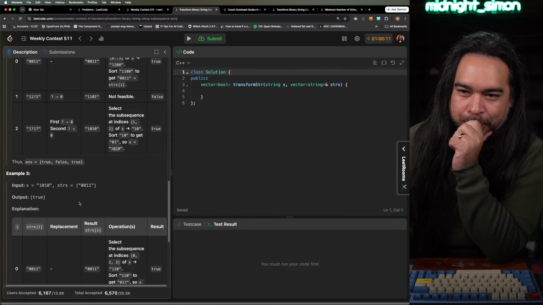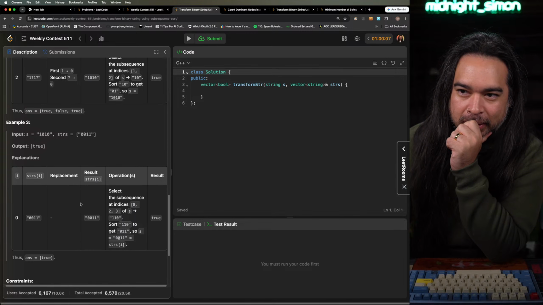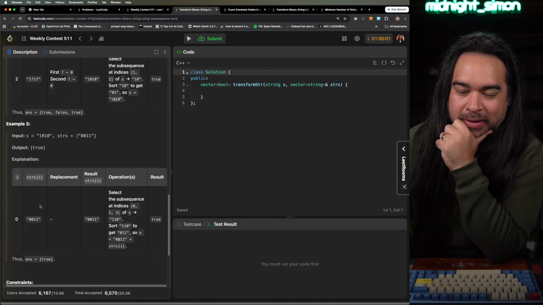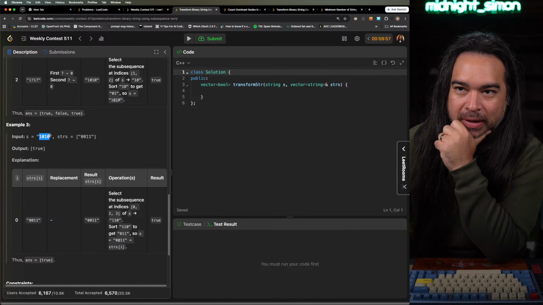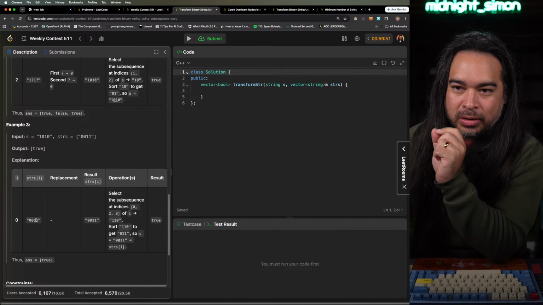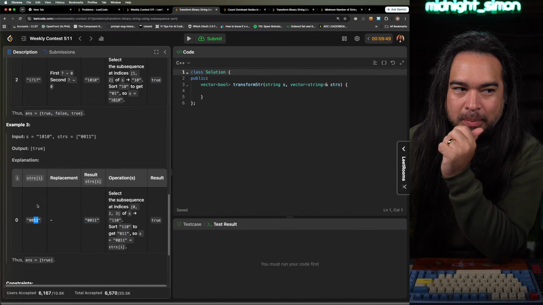Alright. I'm pretty stumped on this problem, though. So some observations I guess we can make is we can sort any substring of S. So here, if we sorted the whole thing, then anything with all zeros before ones is possible.